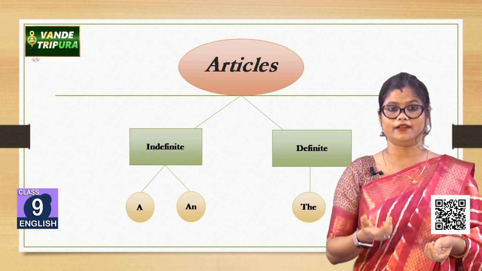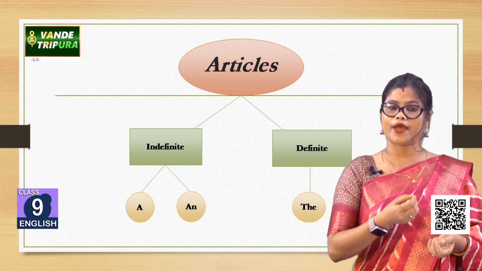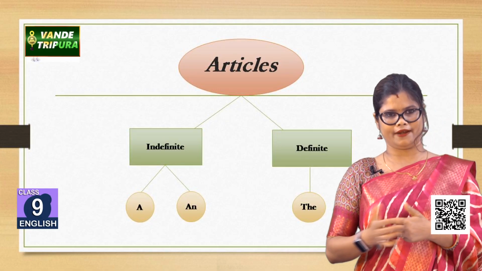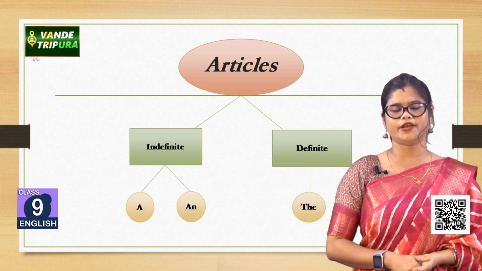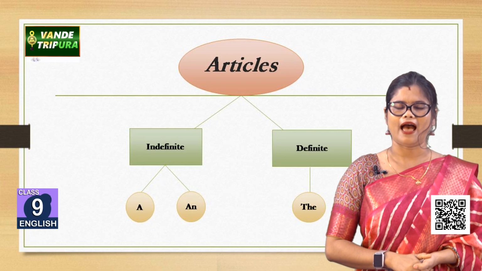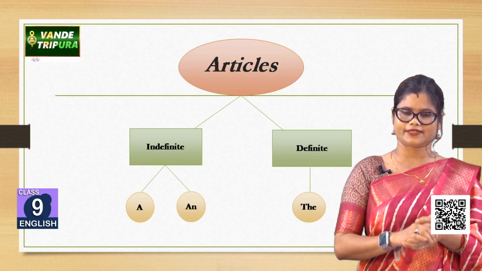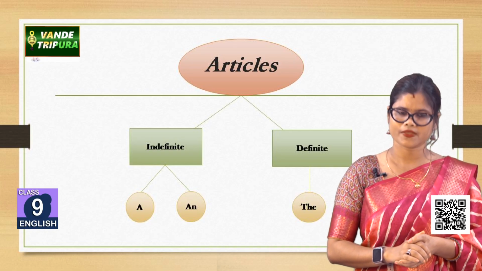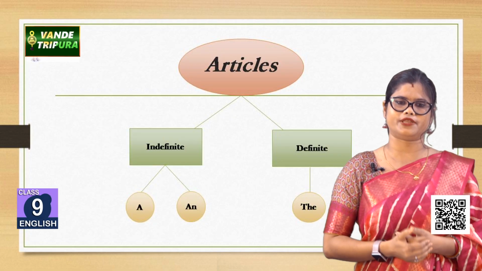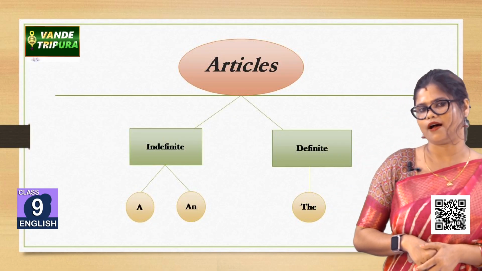Now again the question may arise that where to use a, where to use an. So a is used generally when it is a consonant sound and an is used generally when it is a vowel sound.